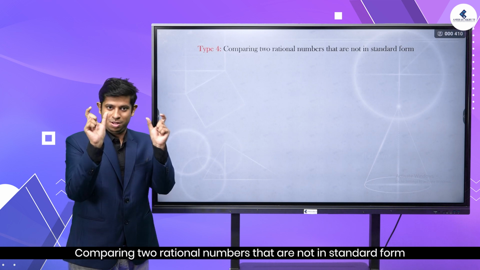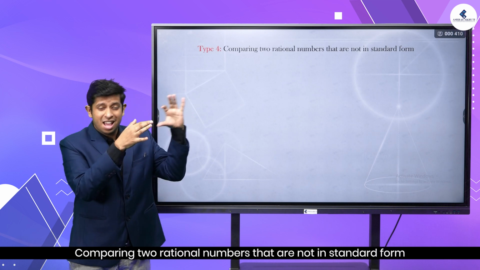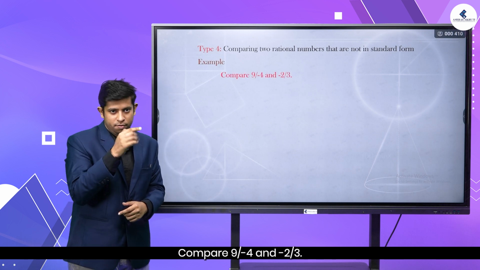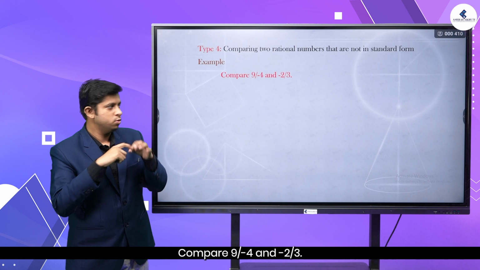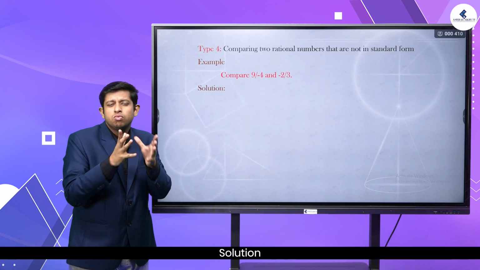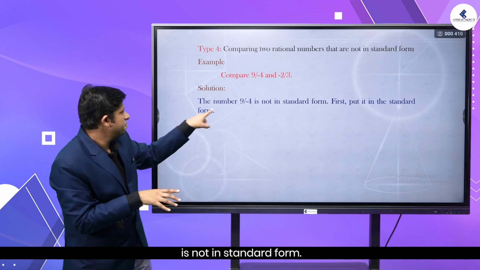Type 4. Comparing two rational numbers that are not in standard form. Example. Compare 9 by minus 4 and minus 2 by 3. Solution. The number 9 by minus 4 is not in standard form.